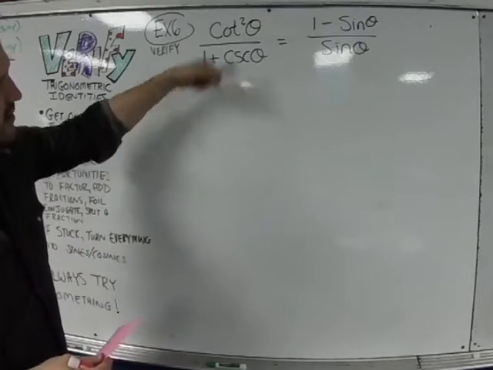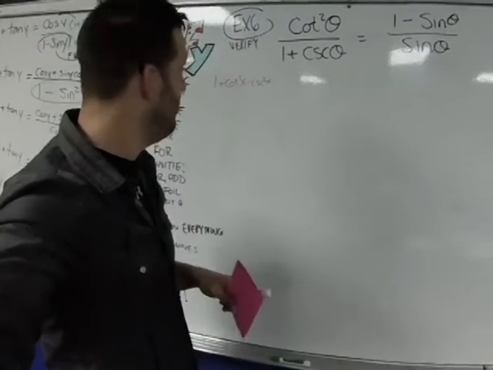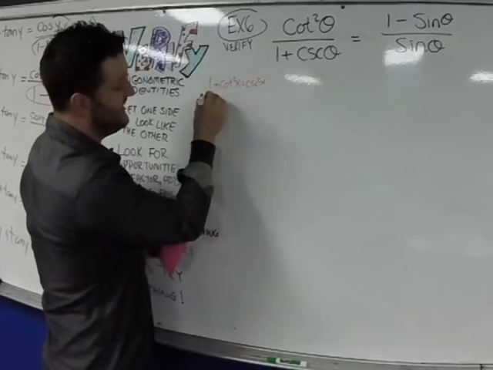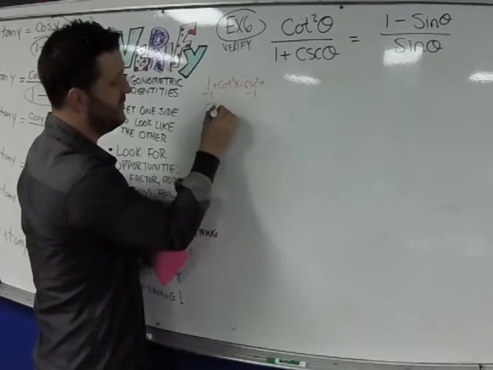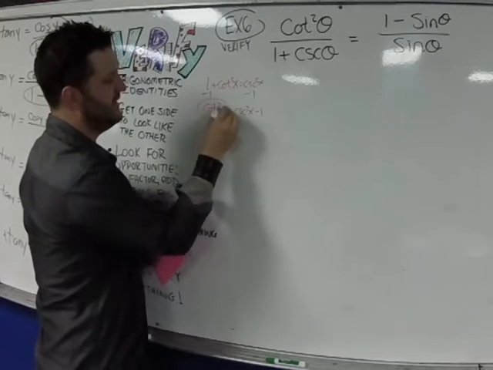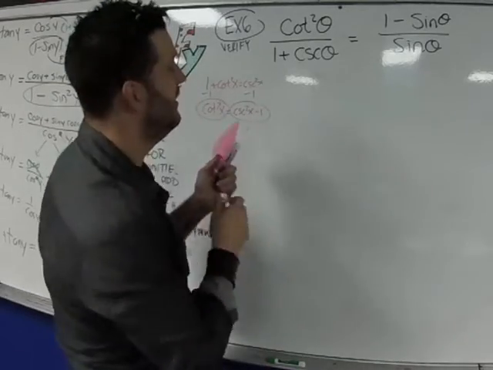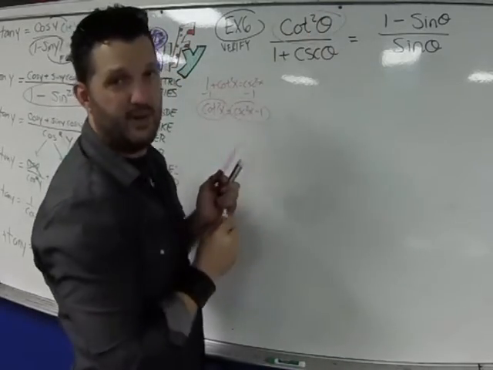That means cotangent and cosecant are related. So I'm going to manipulate this so that I get cotangent squared x equals CSC squared x minus 1. Anytime I have a cotangent squared, I can turn it into a cosecant squared minus 1.